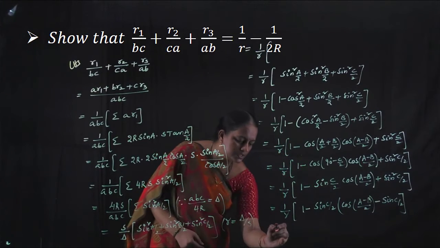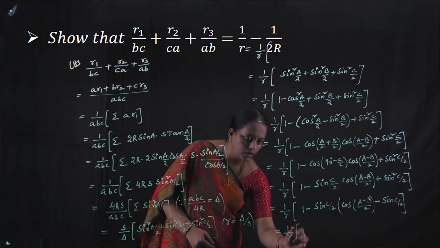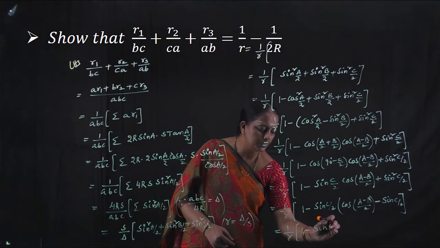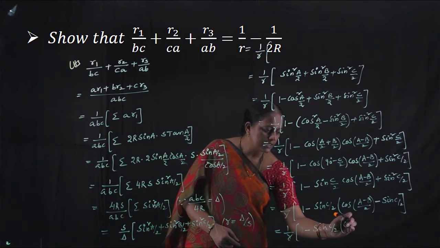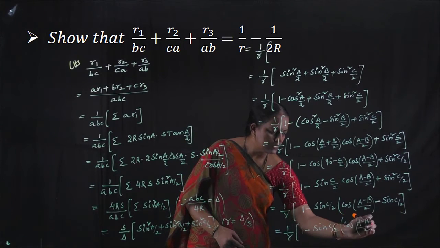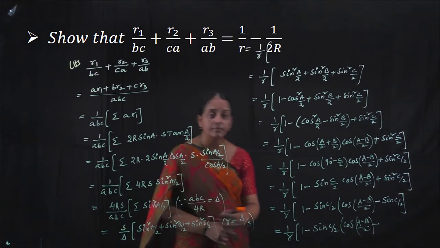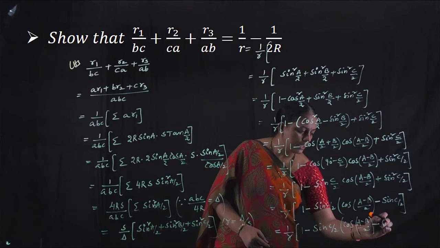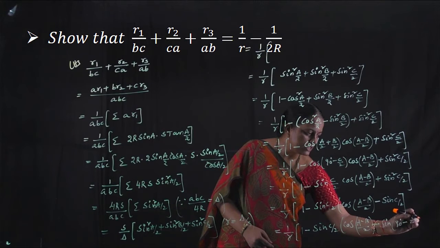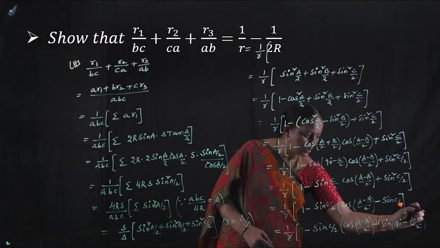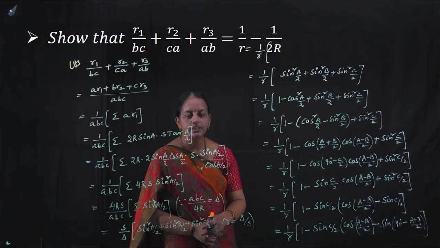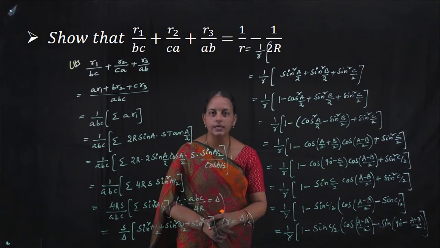Okay, this is equal to 1 by r into 1 minus sin C by 2 into cos of A minus B by 2 minus sin C by 2, which means 90 minus of A plus B by 2. Since A plus B plus C is equal to 180, we can write C by 2 is equal to 90 minus of A plus B by 2.